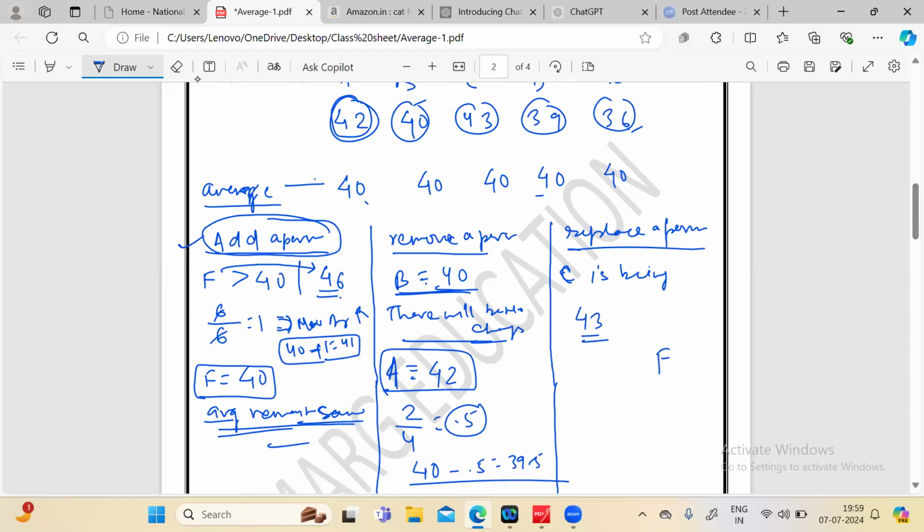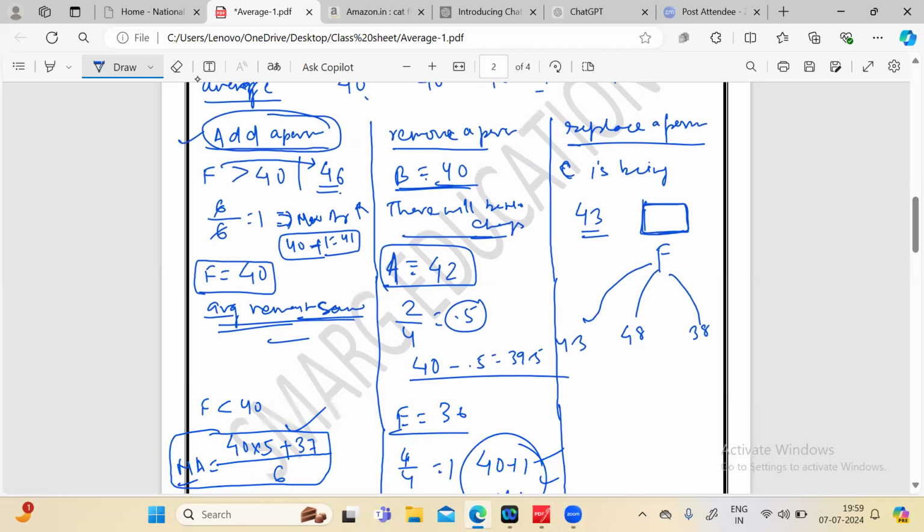And if F is coming in place of C, F can come with a value equal to 43, greater than 43, or less than 43.